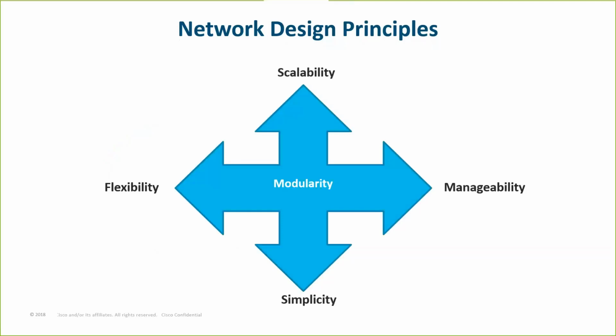Now, talking about manageability and simplicity. When my network is not only easy to grow, easy to scale, easy to build, it's also easy to manage. I know in which core each function is allocated. I know what is happening in every part of the network, and I know where to look if something is failing.